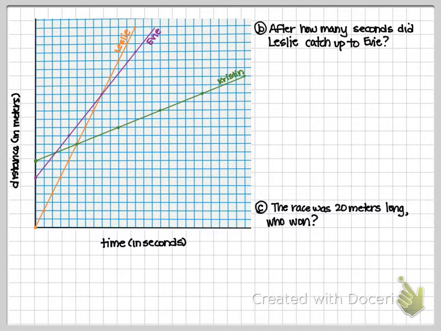So down at the very bottom, underneath this graph, I'm going to leave a spot for us to write Leslie's equation, Kristen's equation, and Evie's equation.